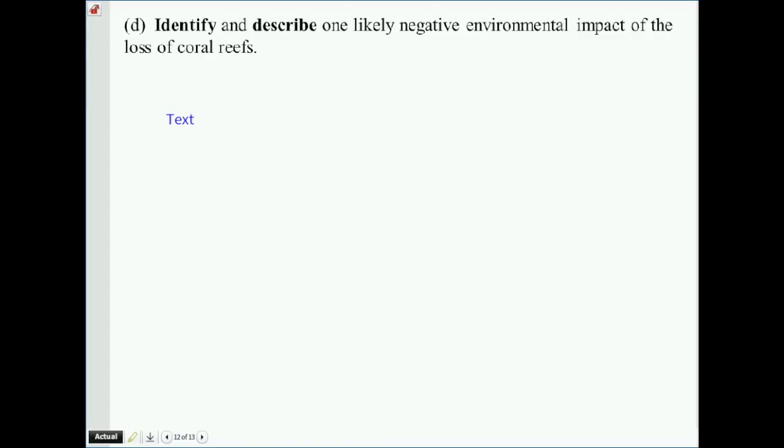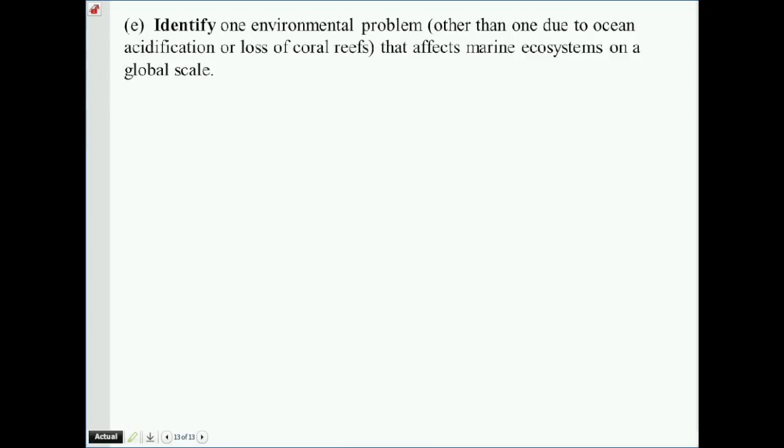And then it says identify an environmental problem other than one due to ocean acidification that affects marine ecosystems on a global scale. So they actually want something else that's affecting the ocean, but not acidification. You can pick anything you want, and you just have to identify it. You don't even have to describe it.